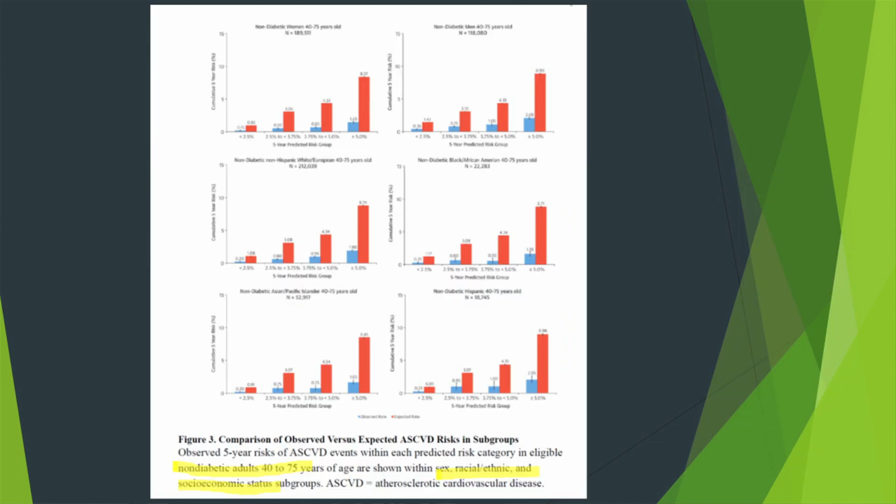And they looked at multiple races. I'm not going to go through this, but you can see the orange bars are the predicted by the calculator, and the blue bars are the actual observed rates. And you can see there's huge differences between them. And they found it in basically every sex, racial, ethnic, and socioeconomic status group.